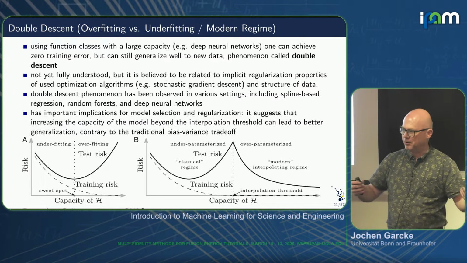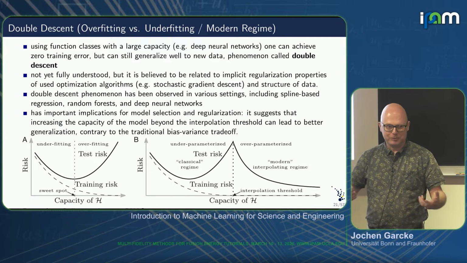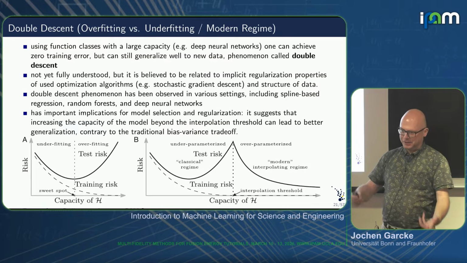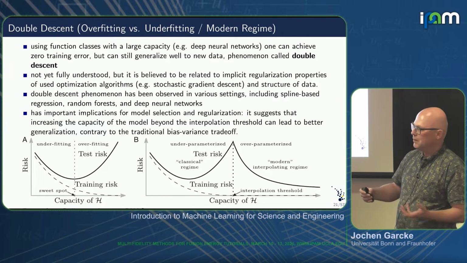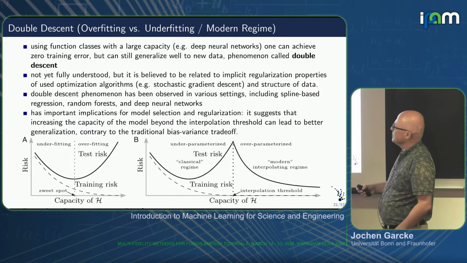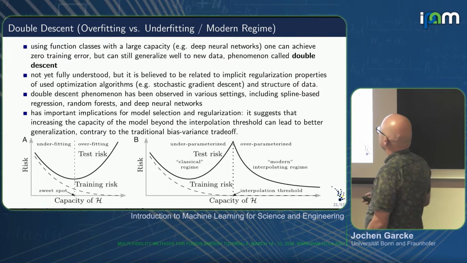Because you have over-parameterized, you have more than one potential model which fits your data, so which to pick? And then you worry about smoothness, for example. And this is what's observed in deep neural networks.